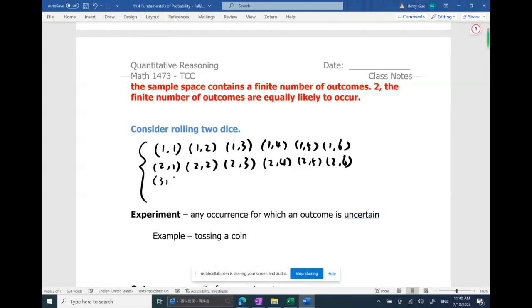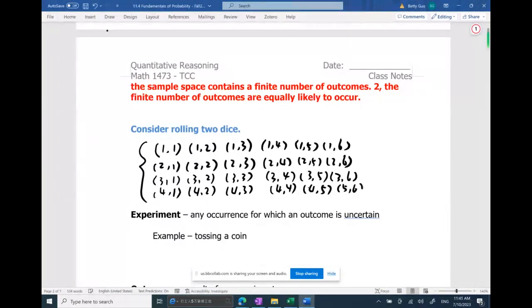Let me finish. 3, 1, 3, 2, 3, 3, 3, 4, 3, 5, 3, 6, 4, 1, 4, 2, 4, 3, 4, 4, 4, 5, 4, 6.